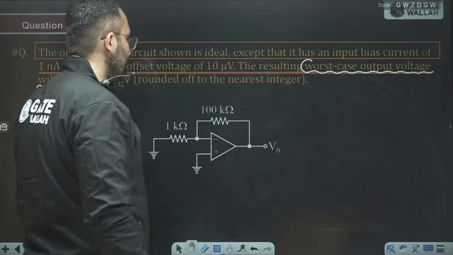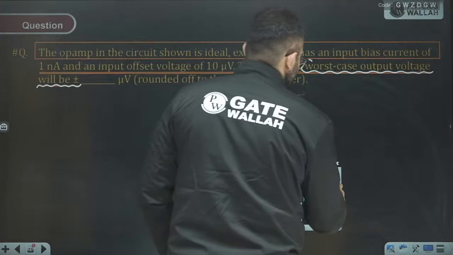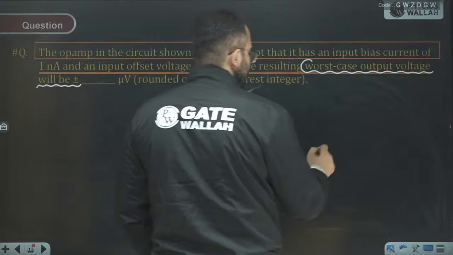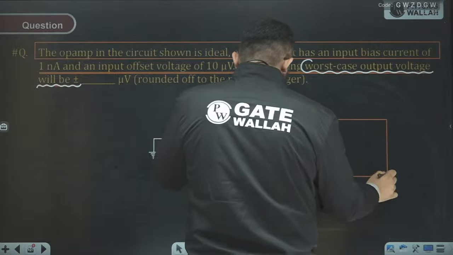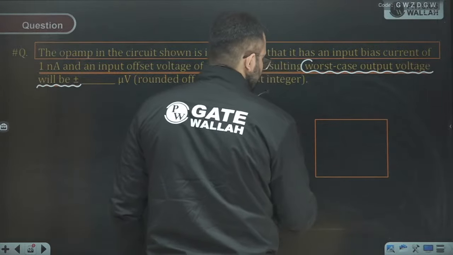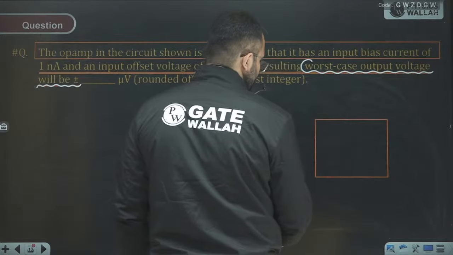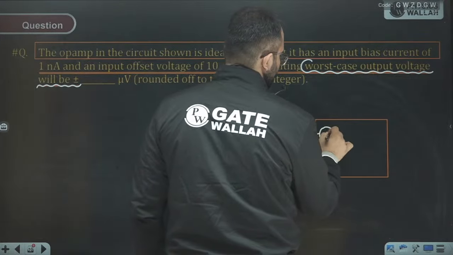Okay, so let's solve it. We all know that whenever we have a bias current and the offset voltage, in case of the bias currents, we simply apply a current source at the input terminals, right?